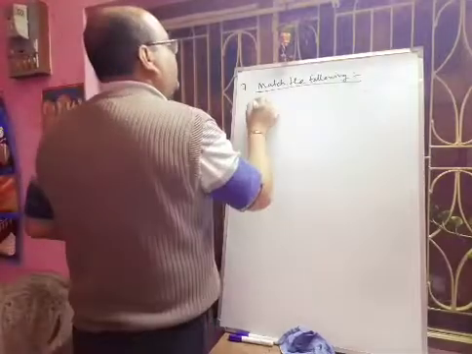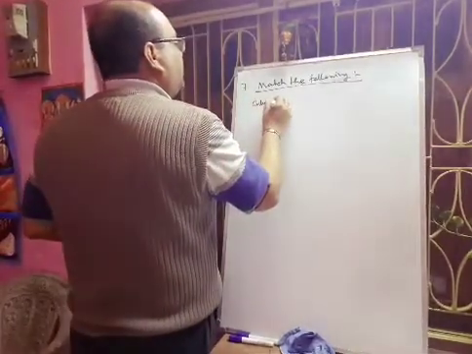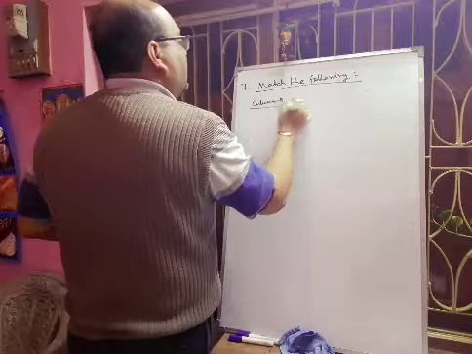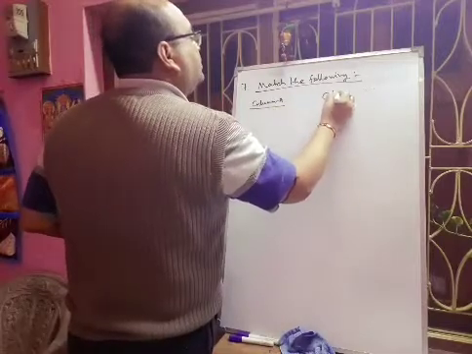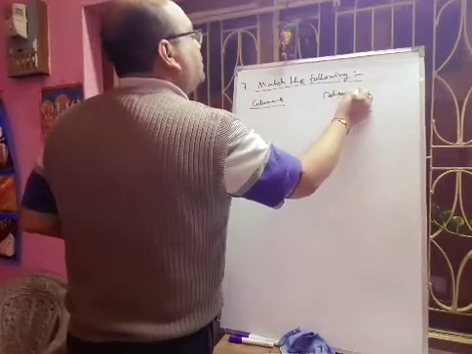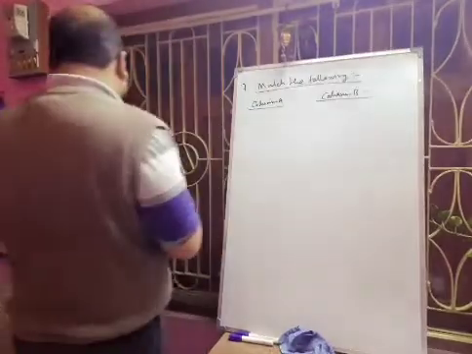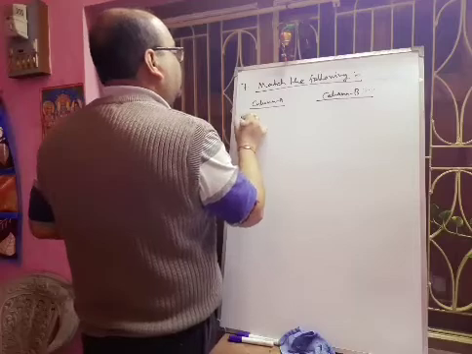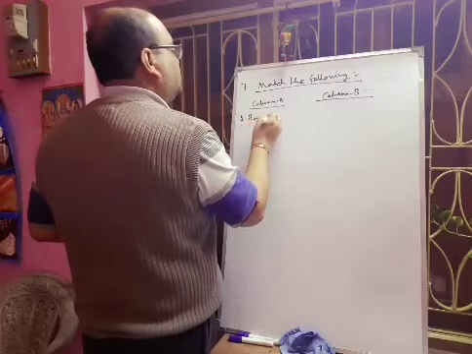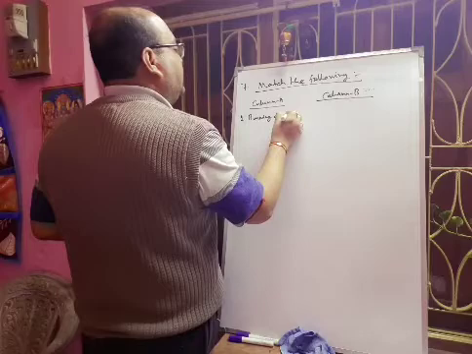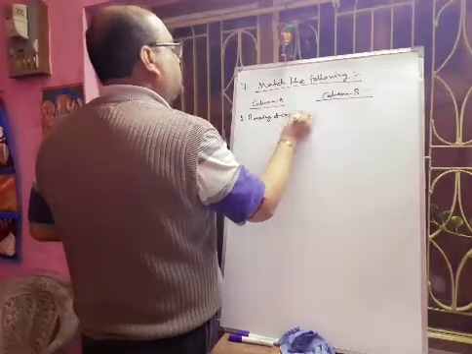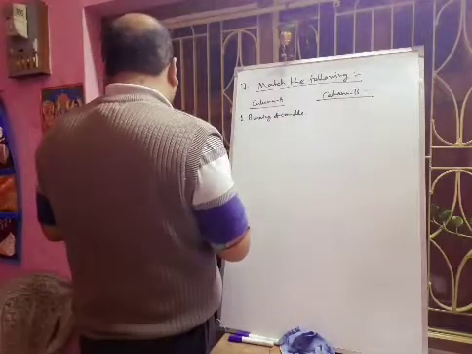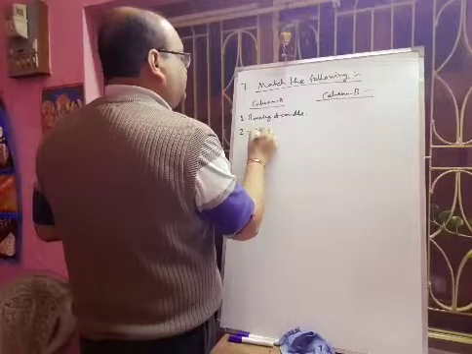Suppose column A, another will be column B. Now in column A, first one is given burning of candle. Next one is given sodium.